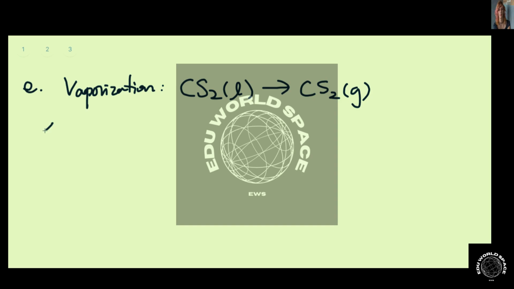So how do we find the delta S value? We're going to need delta G equal to delta H minus T delta S. This is the vaporization process.